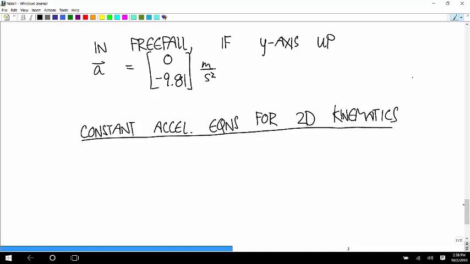Okay, so the first equation that we had in 1D said velocity final is equal to velocity initial plus a times time final. And that still holds in two dimensions, except we have to deal with components. So this is true for x components, and it's also true for y components.